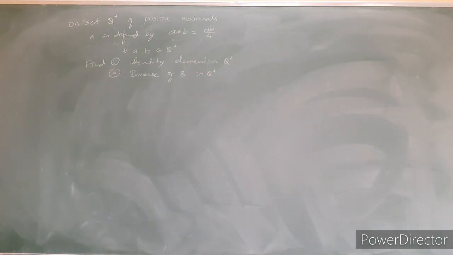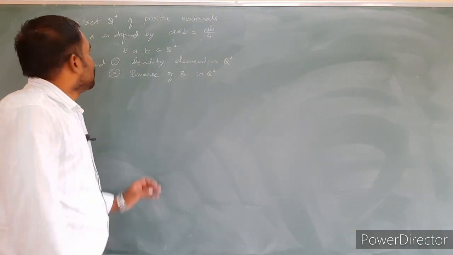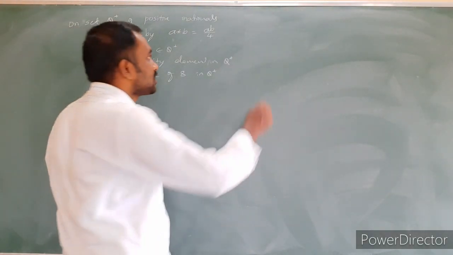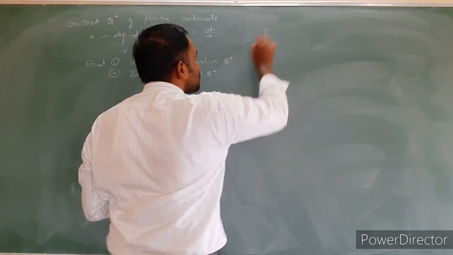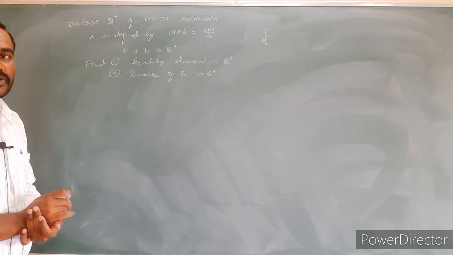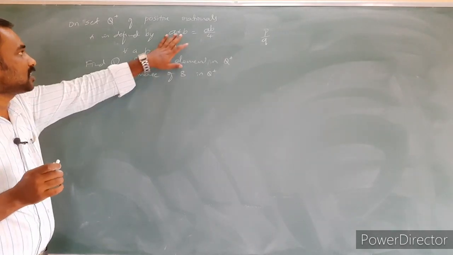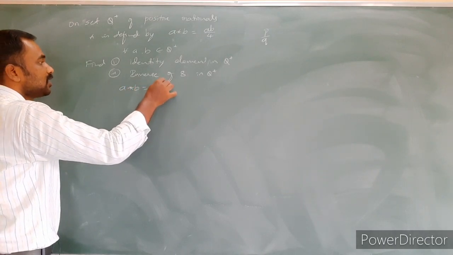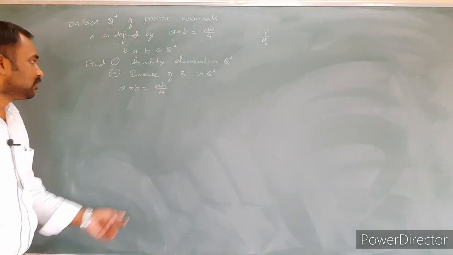Okay. Here on the set of positive rational numbers, what is a rational number? A rational number is nothing but a number which is of the form p by q. Only the positive rationals we are considering. Binary operation star is defined in such a way that a star b is equal to ab divided by 4. What do you say?